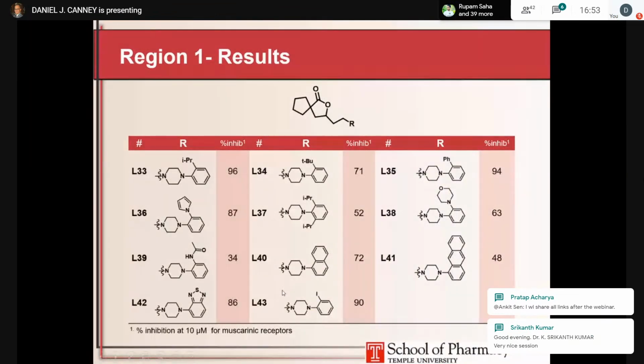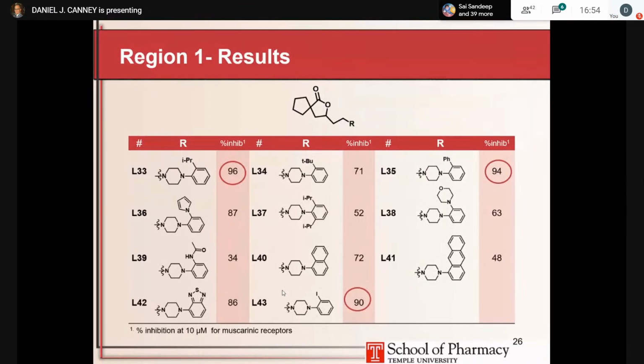And unfortunately, as research often goes, the compound that we started with, the isopropyl compound, turned out to be still the best of all those that we tested. So the T-butyl turned out not to be as good as the isopropyl. The diisopropyl, again, not as good.